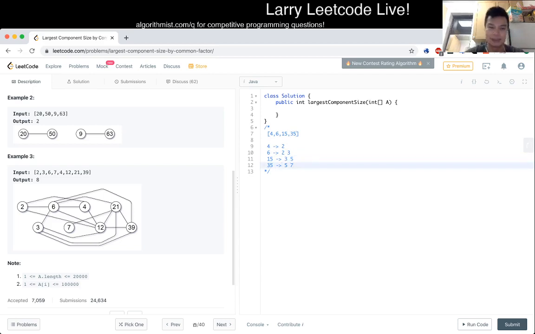So then you connect them together, and then maybe do a final loop at the end to count how many are in each component. And then we could do a union find for each number and all its factorizations.